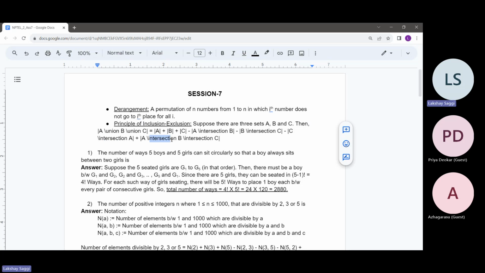But a similar principle of inclusion-exclusion can be written for the intersection A intersection B intersection C also.